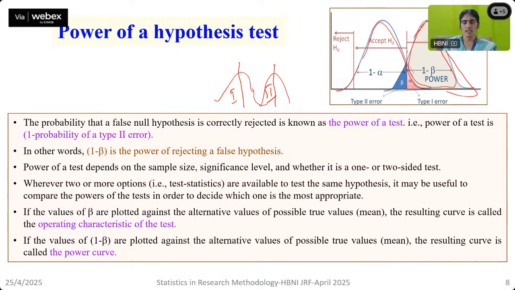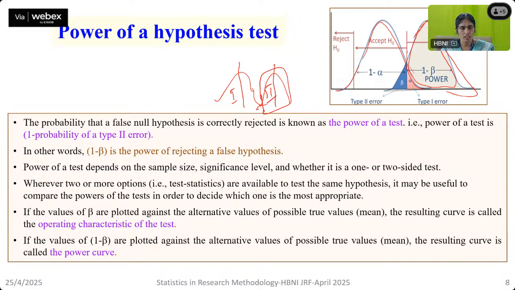For the second curve, wherever is the tail portion, that will correspond to the beta error. And the power of a hypothesis will be defined by the area. The larger the area defined by 1 minus beta, better will be the power of the hypothesis test.